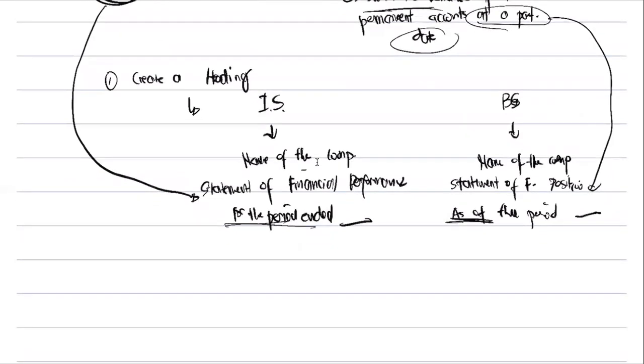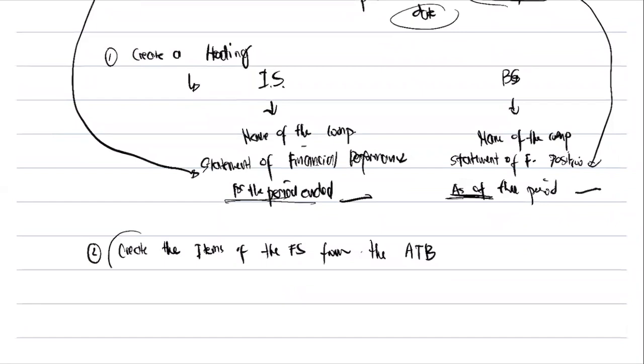Now, after the preparation of your heading, you create the items of the FS from the adjusted trial balance. When we say create, you just forward the balances.